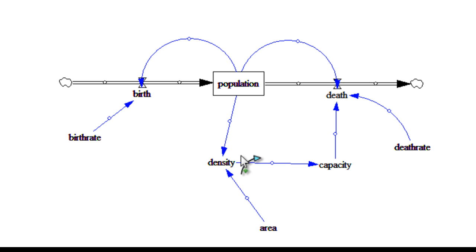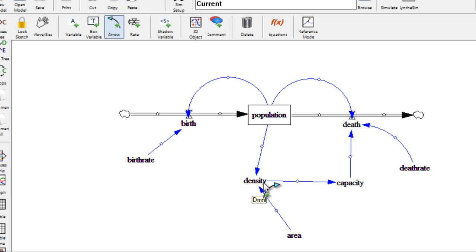It seems like density goes to the death, but we want to say that only at a certain point of density will it influence the death. Before this, the densities 0.1, 0.2, 0.3 all influenced the death. So that's why we need the lookup table, to say that only at a certain point of density will it affect the death.